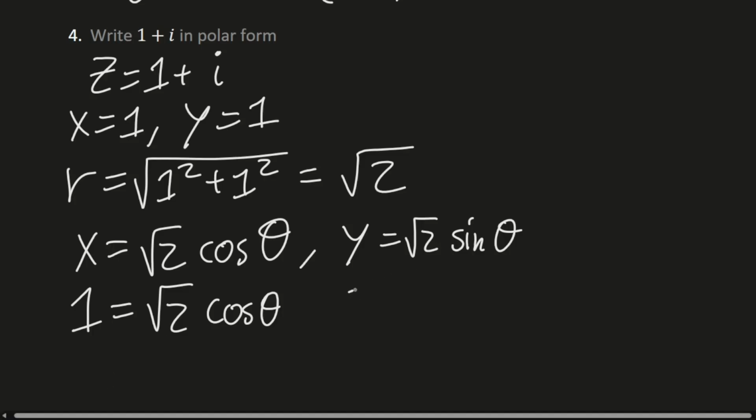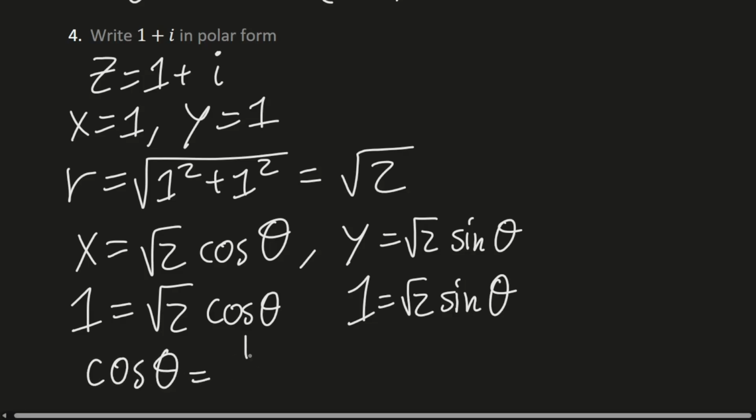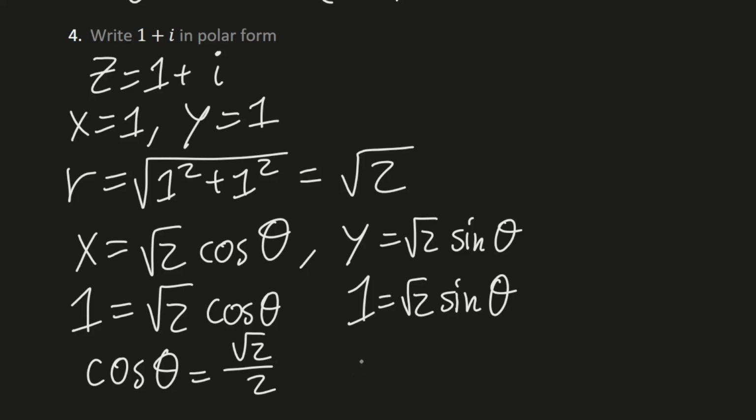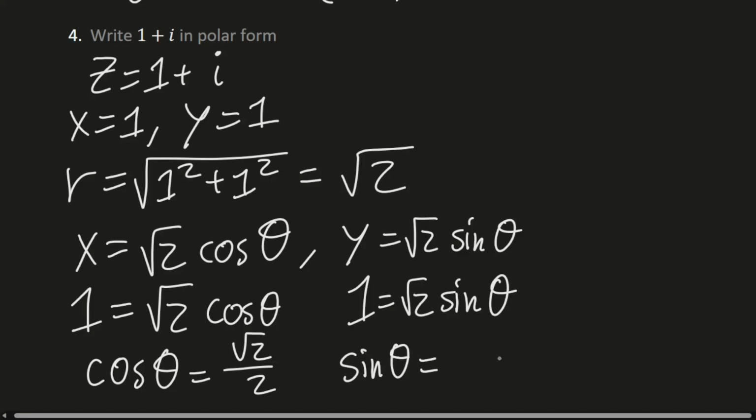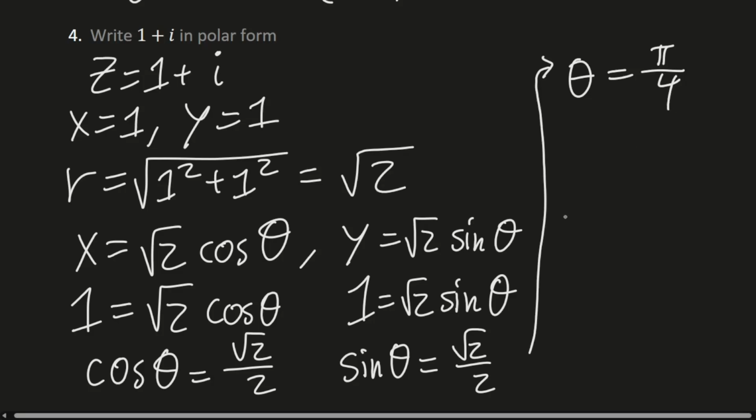And then that would mean that cosine of theta is equal to square root of 2 over 2, and sine of theta is also equal to square root of 2 over 2. And theta becomes pi over 4.